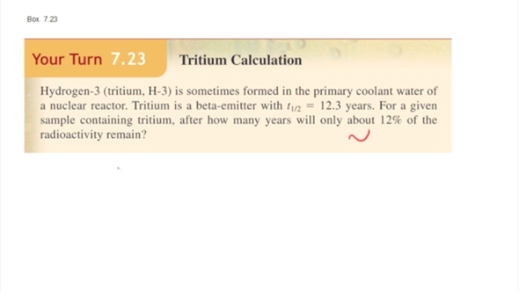So from here we know that one half-life, and the abbreviation is T1/2, is equal to the half-life. So after one half-life, half of the sample remains. In this case, that would be 50% of the sample remaining.